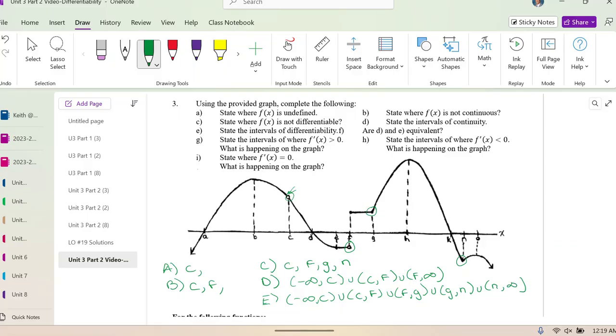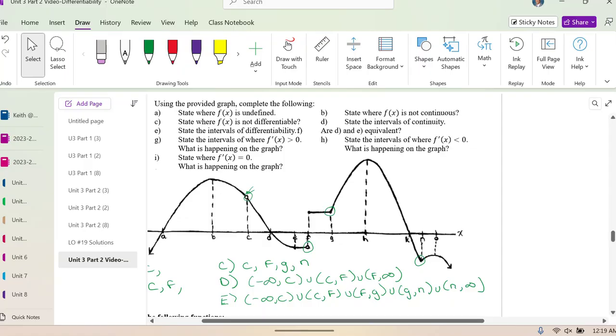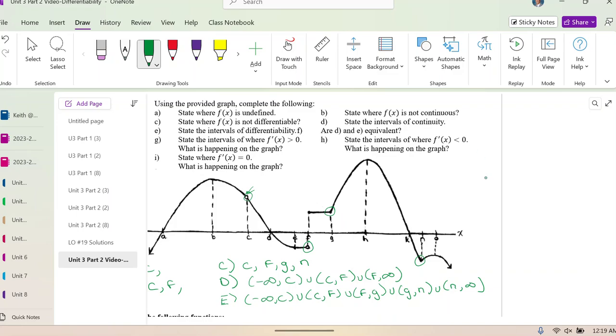That's where it's differentiable. Now it says, are D and E equivalent? And the answer is no, right? There's a different interval there.